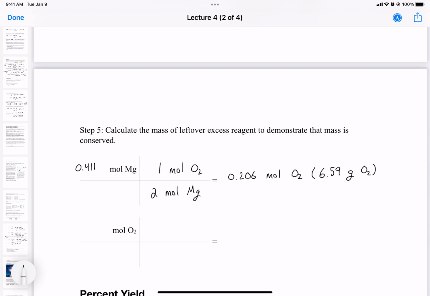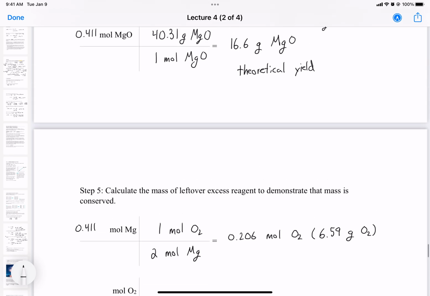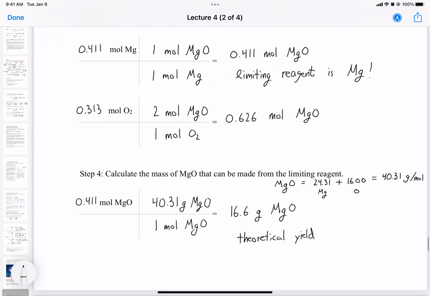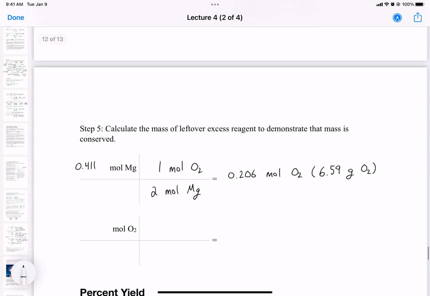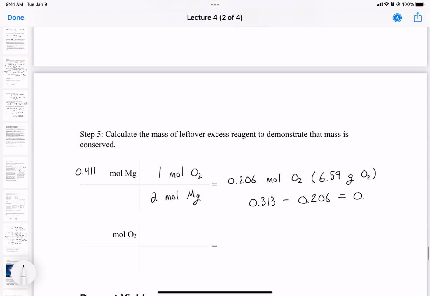So to calculate the amount of leftover oxygen, we're going to subtract this number of moles from the total moles we had at the start. So if we go back up, we had initially 0.313. So we're going to say 0.313 minus 0.206 gives us 0.107 mole O2 left over.